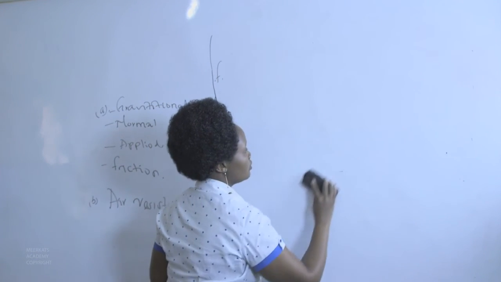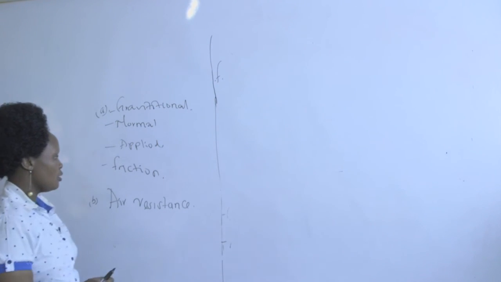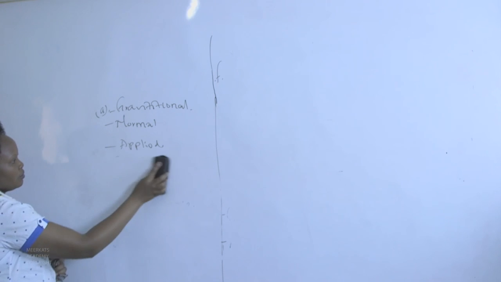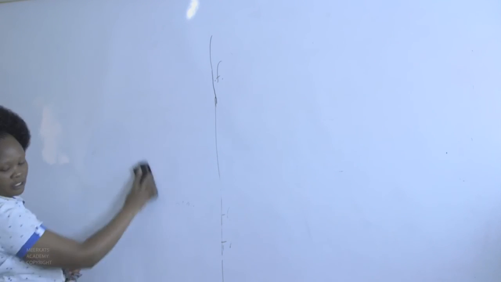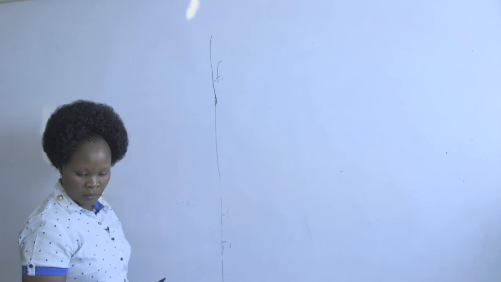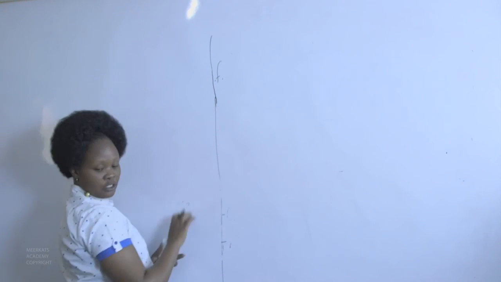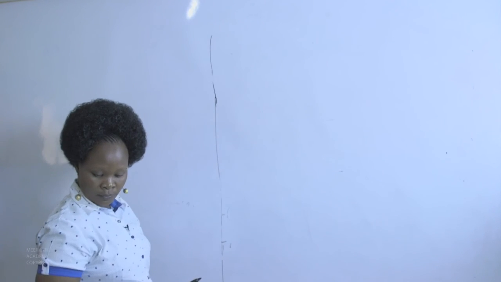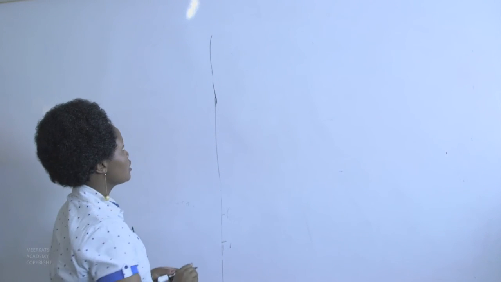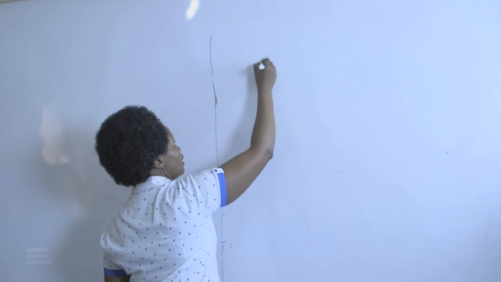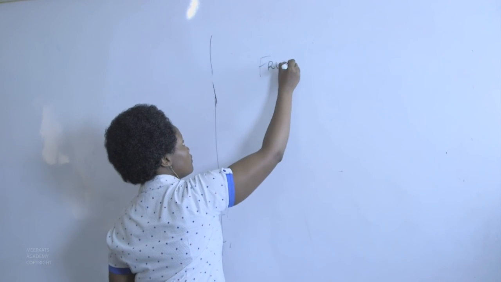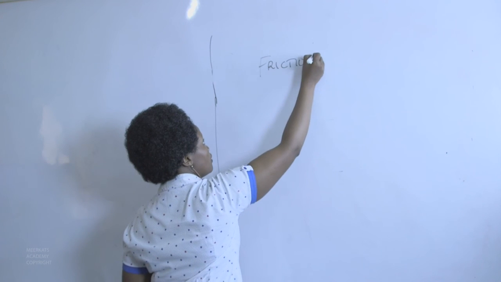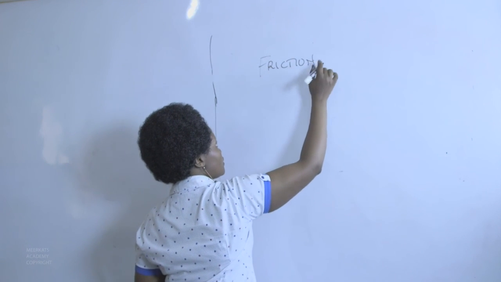Now, in the course of drawing our diagrams, we have been discussing friction, and you might ask yourself, what is this friction that we are talking about? Therefore, I will want us to discuss something about friction as a force.